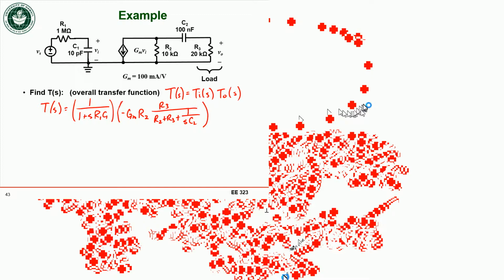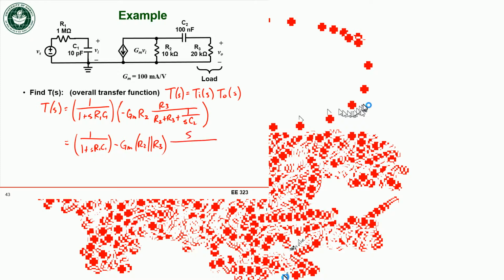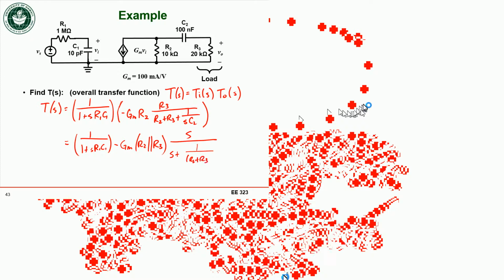Or another way of writing this would be: keep the input transfer function the same, and it would be negative gm times R2 in parallel with R3. And if I do that, then my last term is going to look like this.